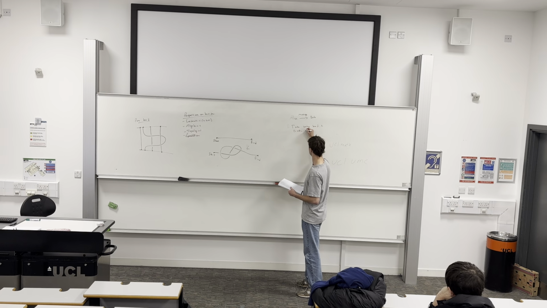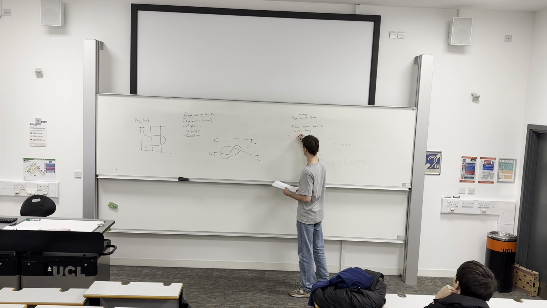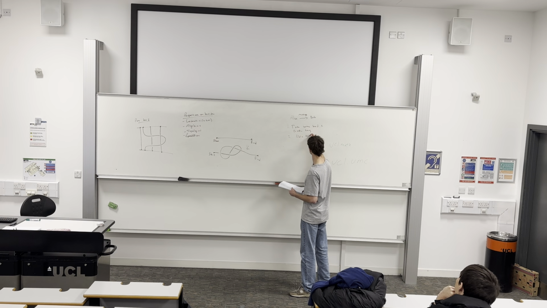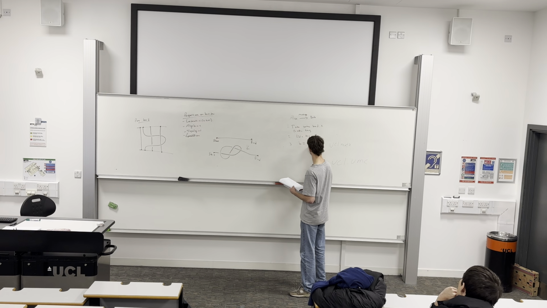So nobody else knows what this braid is. And then she takes a public key, which is going to be some other braid, and we're going to call it A. And then she's going to generate a new braid through composition, and the new braid is going to be called B.